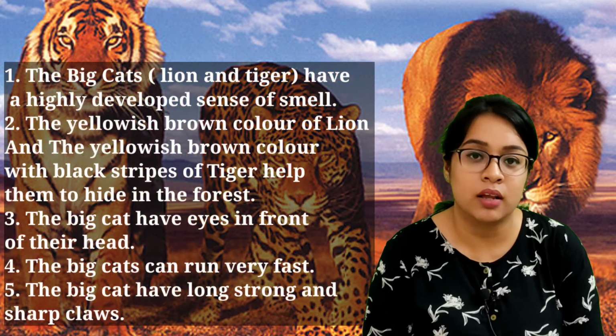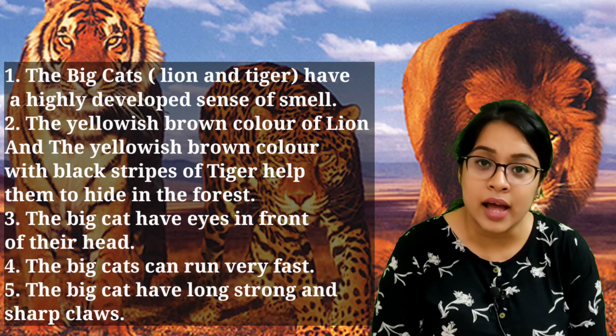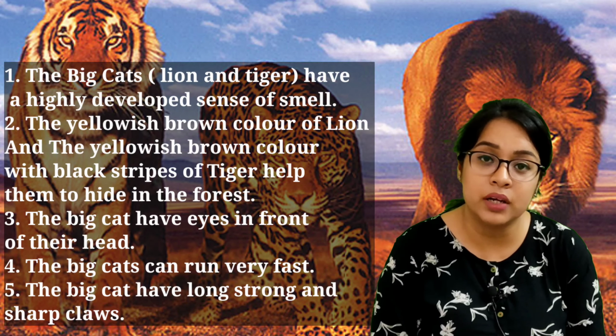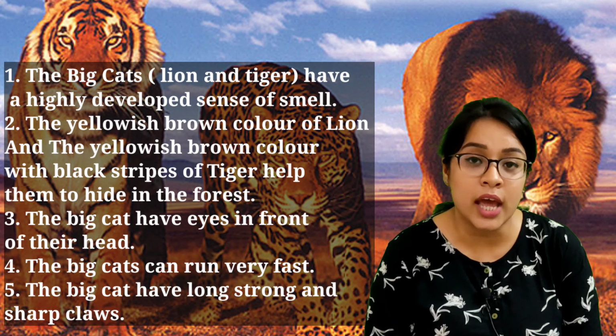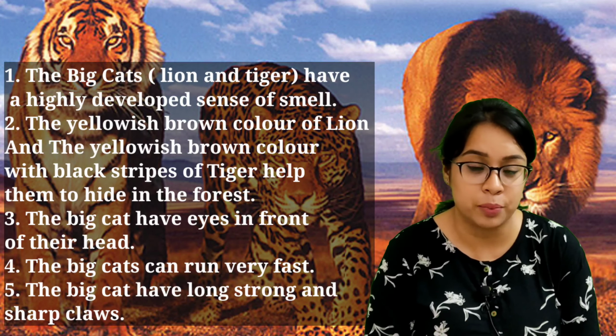Now we will learn about the adaptation of animals living in this particular habitat. When we are concerned about forest, let's start with the king of forest, that is lions, tigers, the wild cats. Wildcats are lion, tiger, leopard, cheetah, and they are carnivores. They hunt their prey.